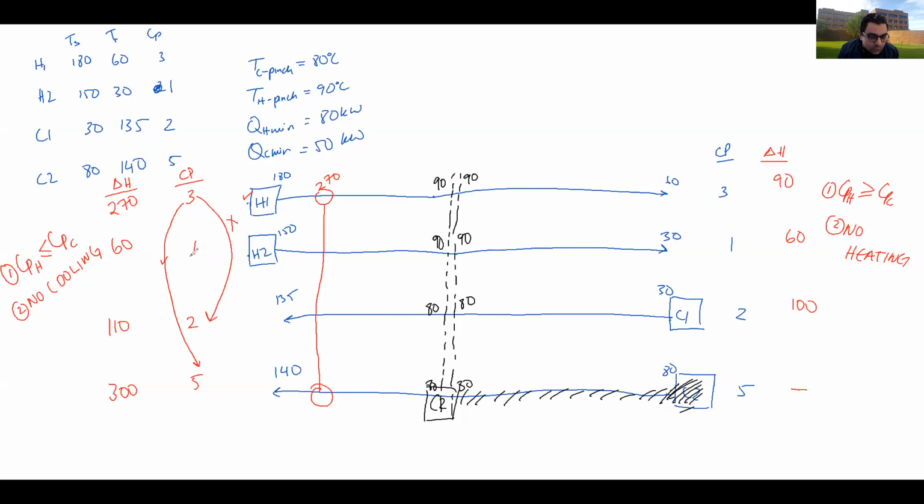Let me look at H2. H2, I have CP is 1. Can I do H2 to C1? Is CP hot less than CP cold? Yes. I can also do H2 to C2 because 1 is less than 5. But let's connect these two streams first of all.